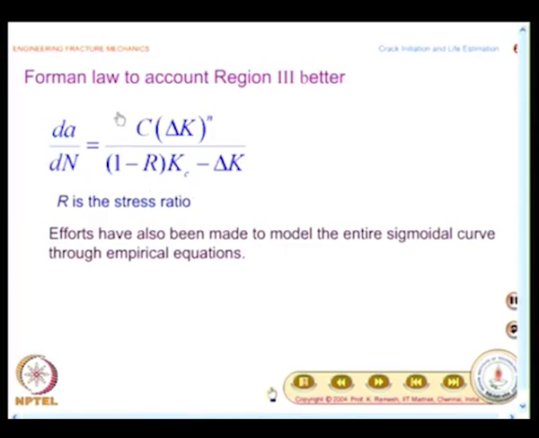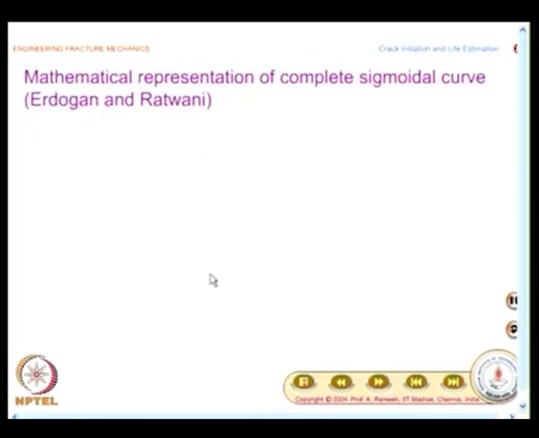We have seen separately region 1, region 2, region 3. Efforts have also been made to model the entire sigmoidal curve through empirical equations. So, you have another law which is given like this.